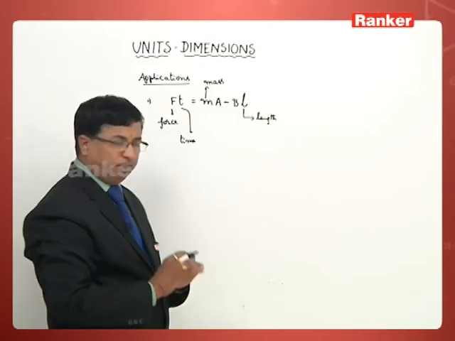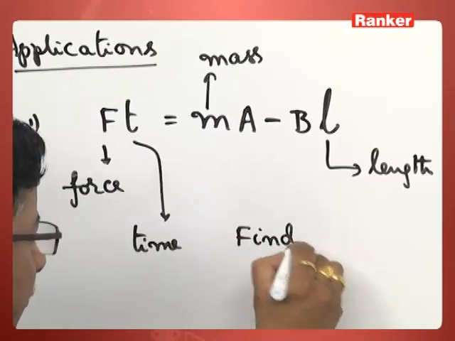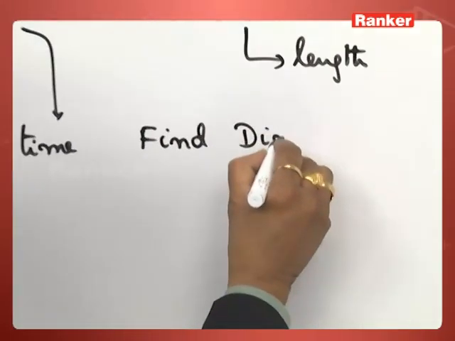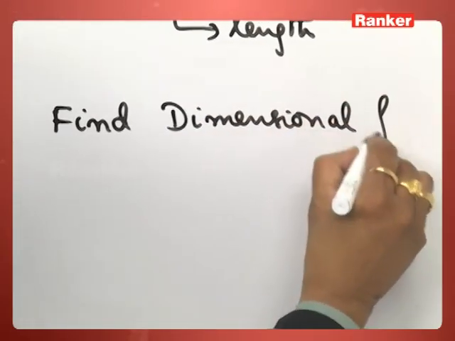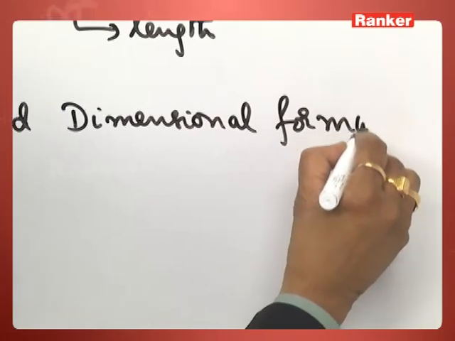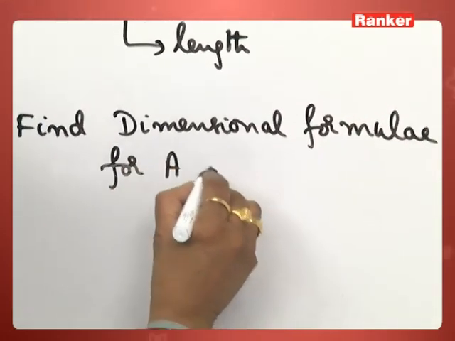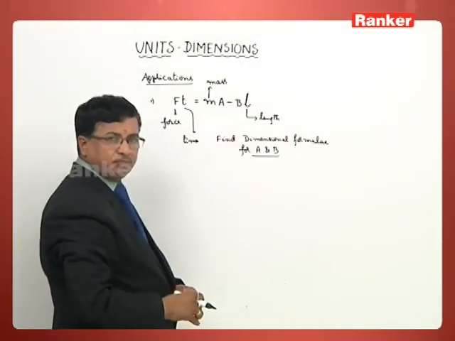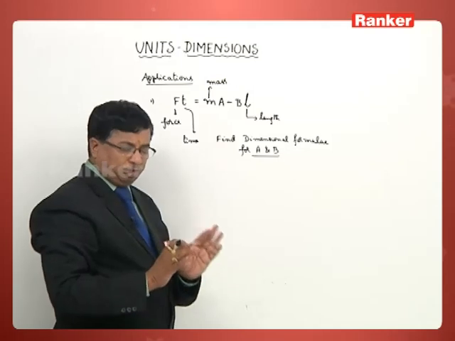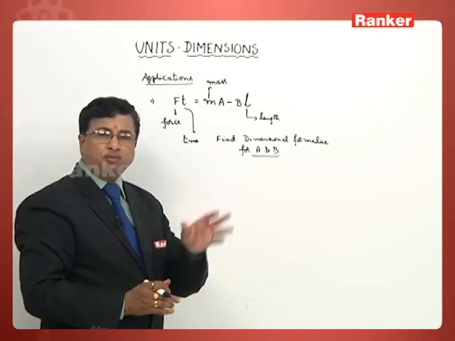Now the question is, find the dimensions or dimensional formulae for A and B. A and B are two different quantities which are involved in the equation.